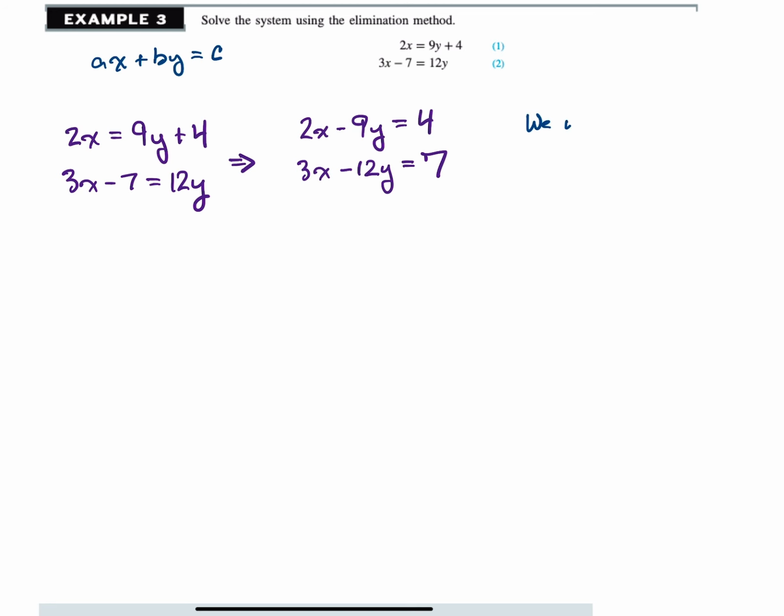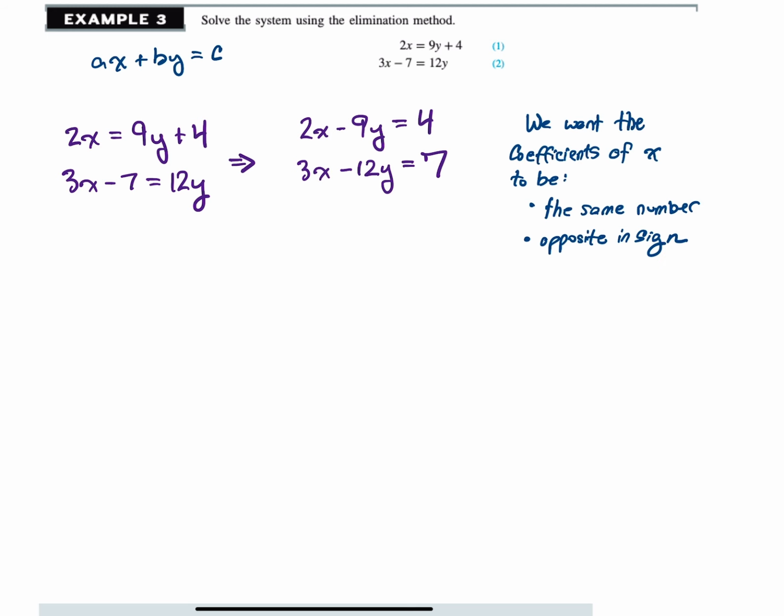We want the coefficients of x to be the same number but opposite in sign. Meaning one is positive and one is negative. So I want to multiply the top equation by something and the bottom equation by something else.